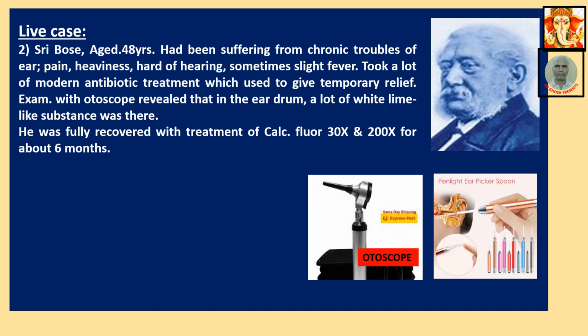Note this. This is an otoscope. With the help of this instrument, we can look into the inner parts of the ear. Inner means actually the eardrum, the tympanic membrane, etc. Beyond the tympanic membrane you cannot see with the help of this instrument, because that is an opaque screen.